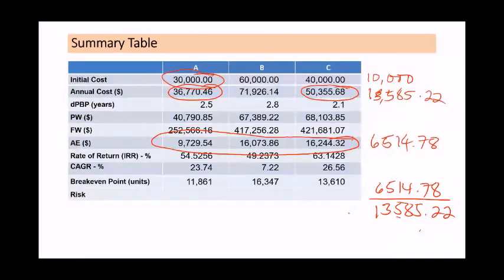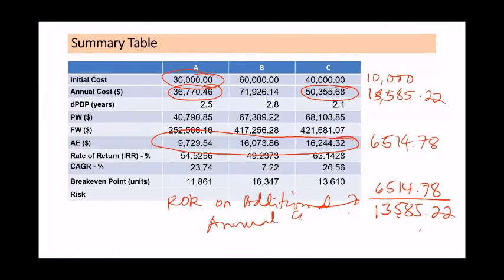This is what we call the rate of return on additional cost. That is 0.4795 multiplied by 100, that is 47.95. This is what we call ROR on additional annual cost. Rate of return on additional annual cost.